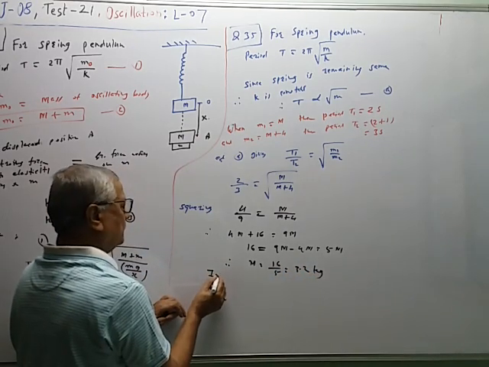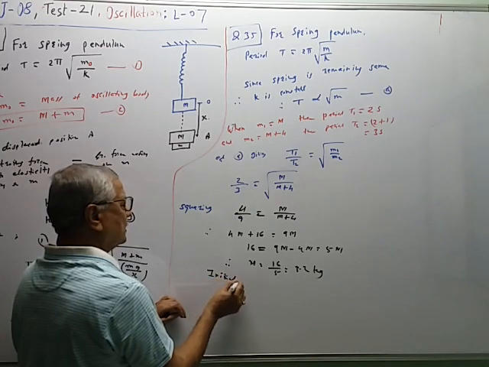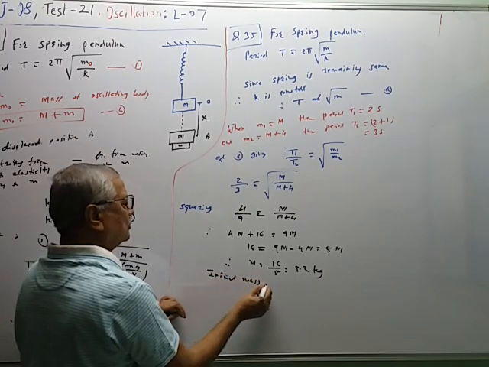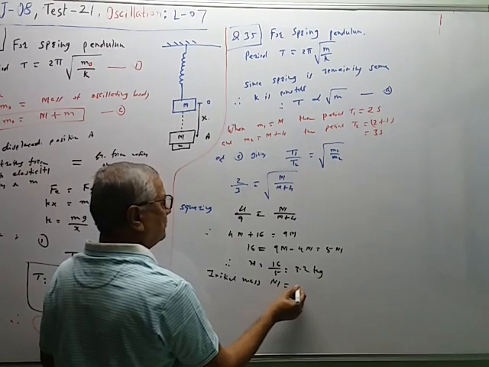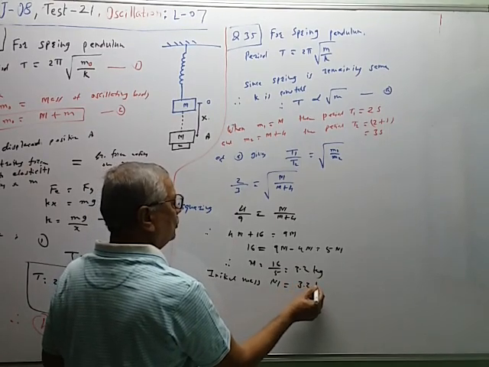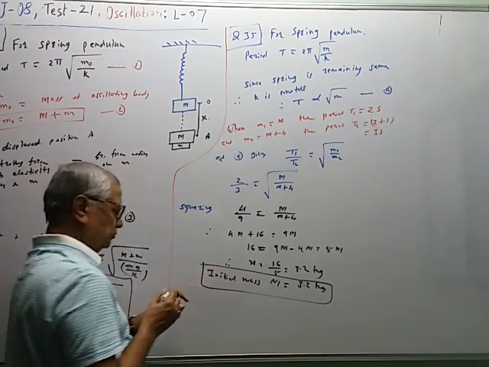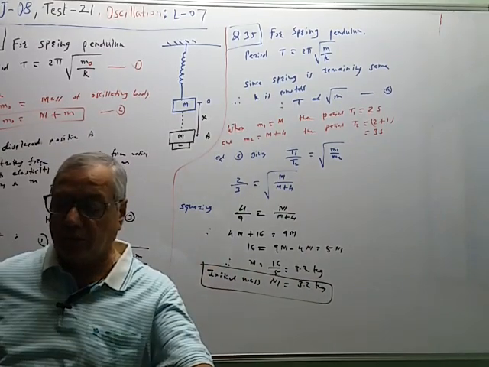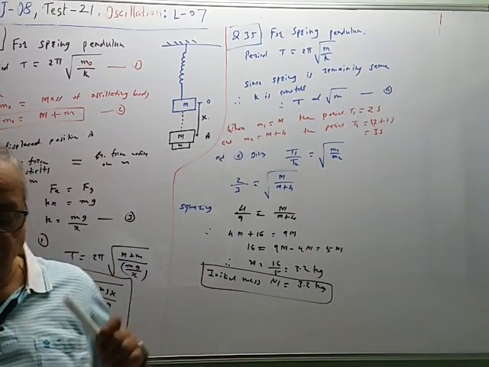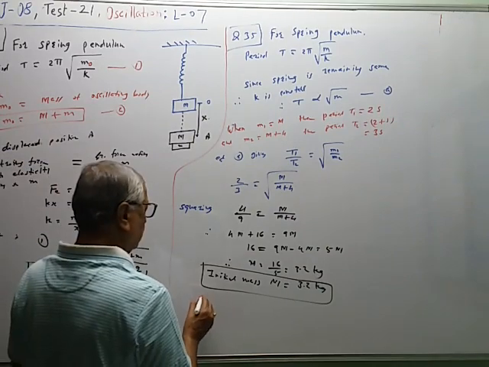So initial mass attached to the spring capital M is equal to 3.2 kilogram. And therefore, the correct choice is A.